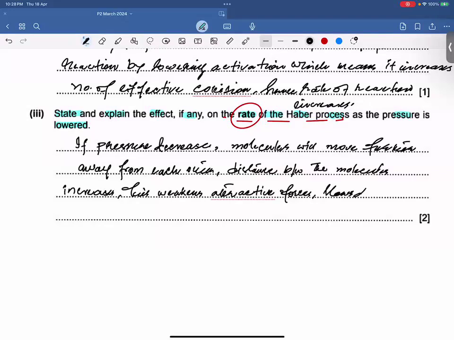Slows down the movement. Lowers the effective collisions in a unit time.